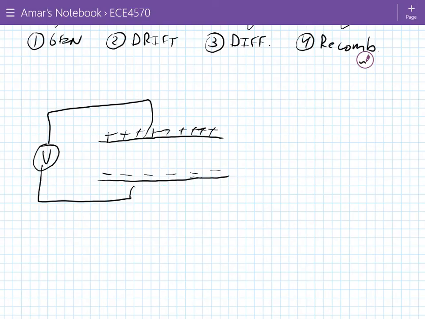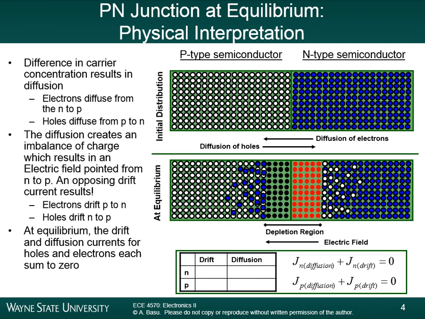So the electric field points from positive to negative, right? You draw an electric field like this. It points from positive to negative. So in this case here, we have a bunch of positive charges here, a bunch of negative charges here. So this sets up an electric field that points from right to left.